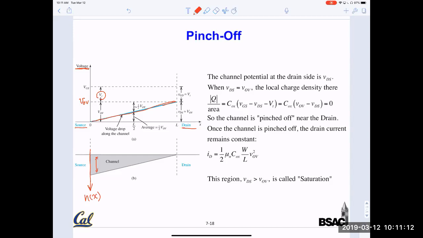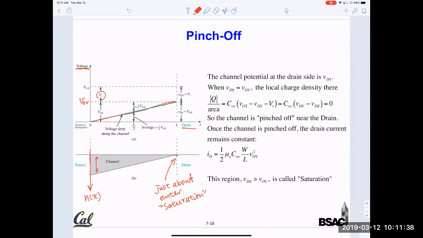This thickness here simply represents that there are more electrons near the source. And this is the pinch-off point. There are zero electrons at the pinch-off. So this is when we are just about to enter the saturation regime.